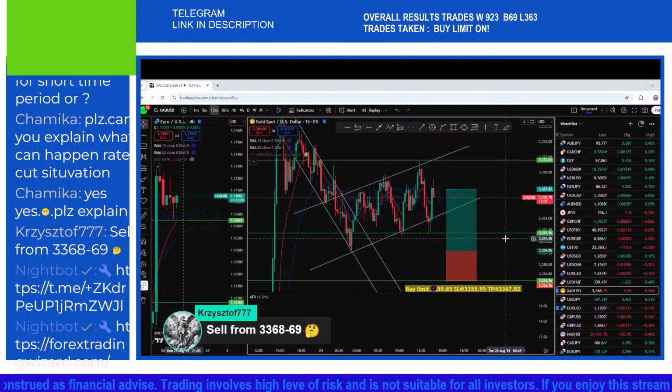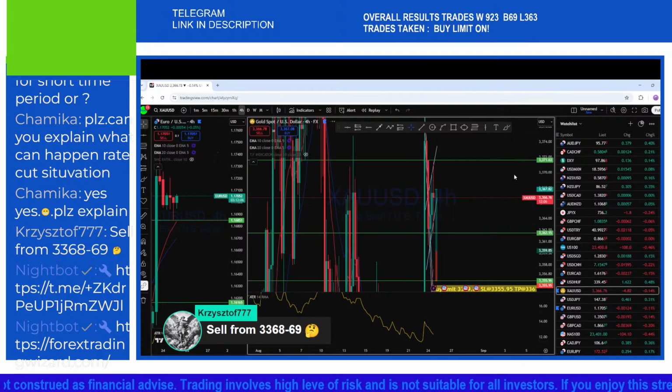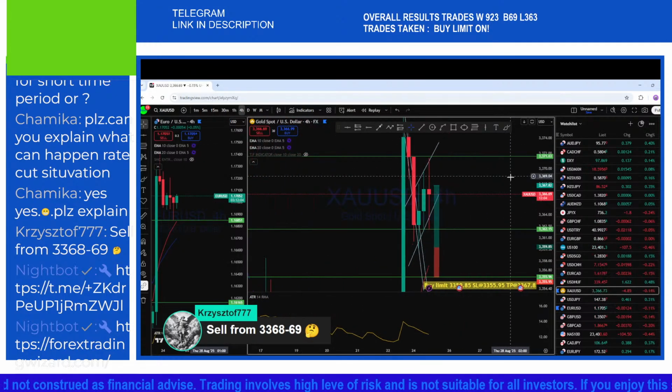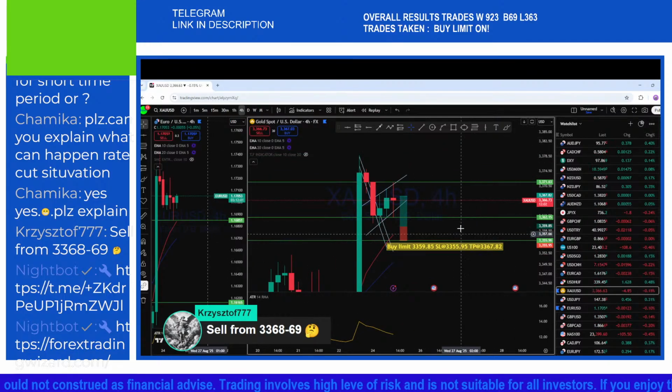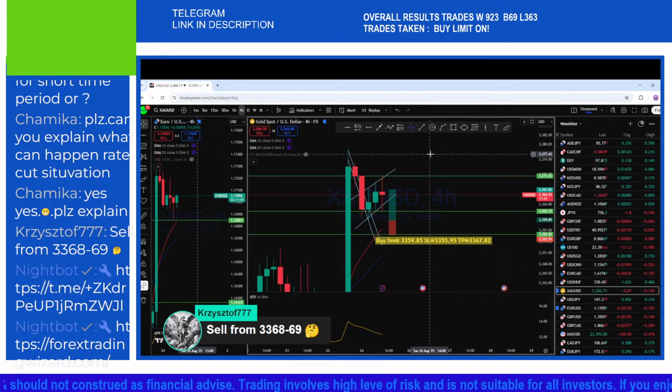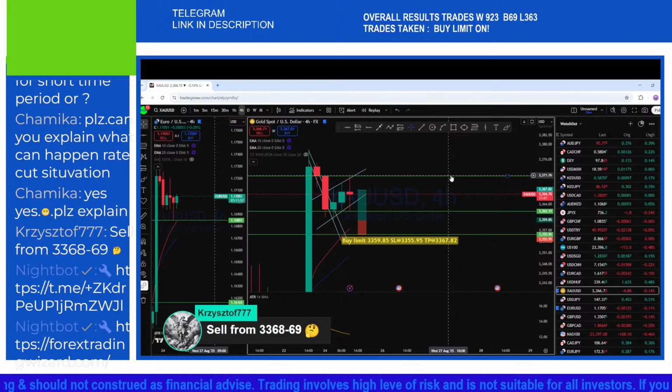But we need to see that drop back below here on the 4-hour chart to see the market create a structure. This is potentially a dodgy formation on the 4-hour.